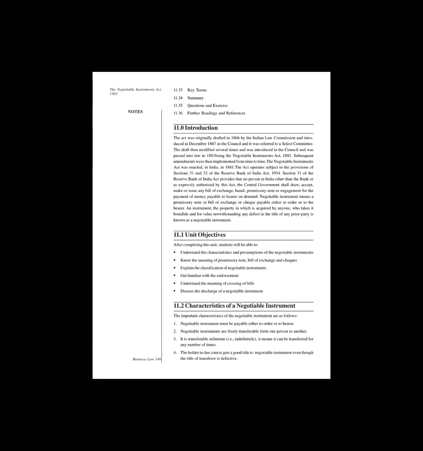Next, the holder in due course gets a good title to the negotiable instrument even though the title of the transferor is defective. The holder of the instrument is the owner of the property contained in it. And last, a negotiable instrument may name more than one payee, payable jointly or alternately.